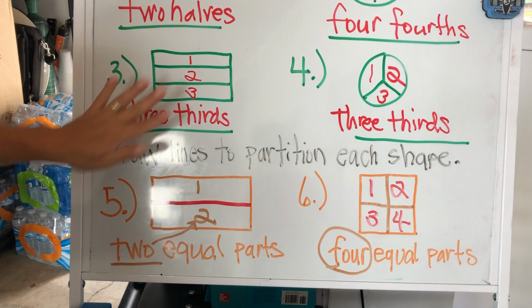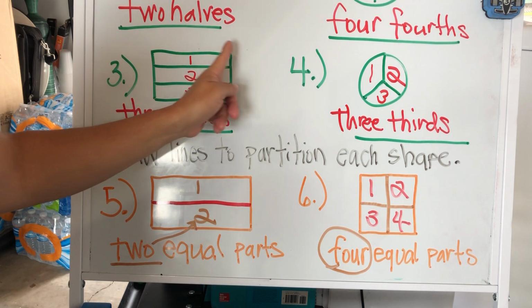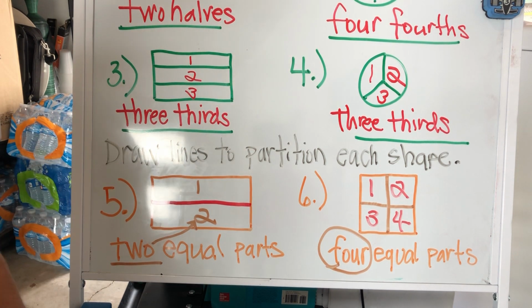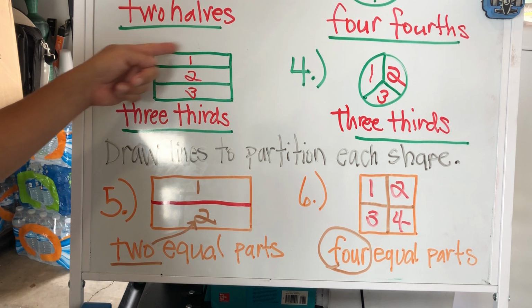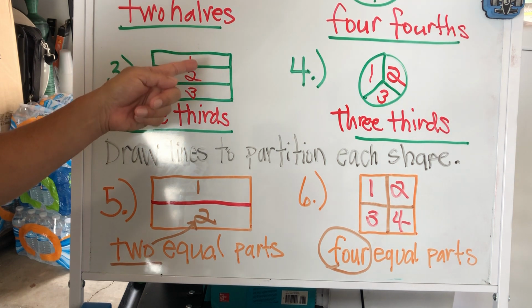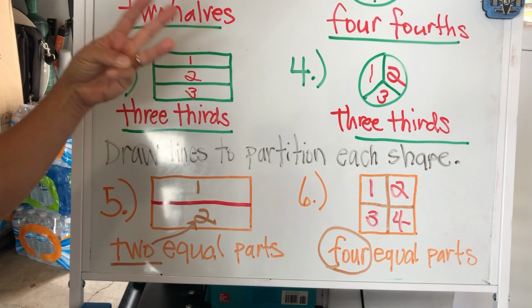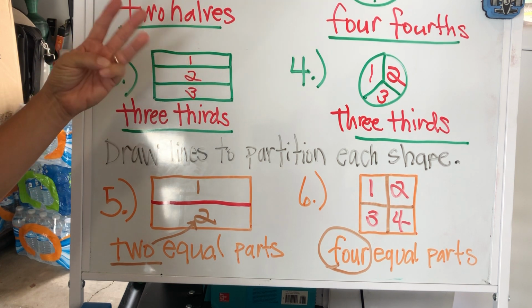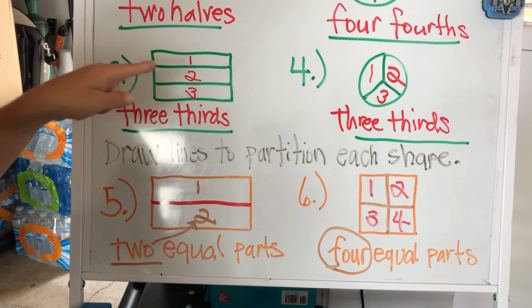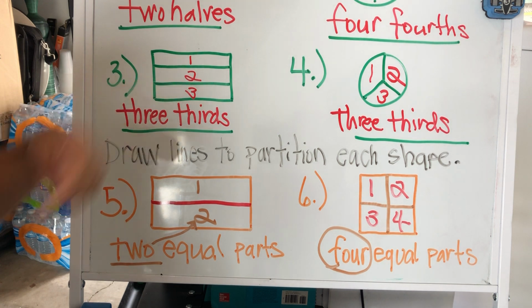Now, for our thirds, we have a whole shape here. And what we did was we have 3/3 because this shape here was partitioned into 3 equal pieces, or 3/3. 1/3, 2/3, 3/3.